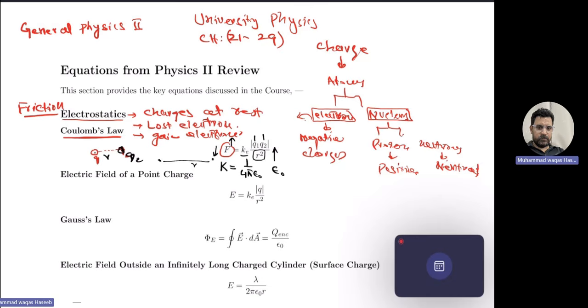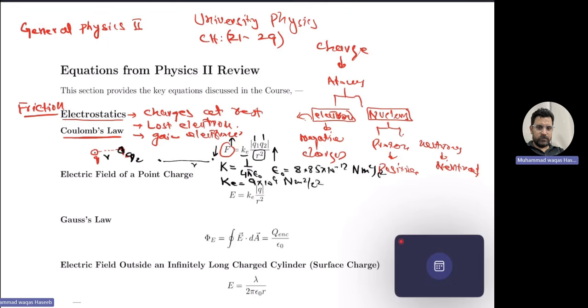Epsilon naught is the permittivity of free space, which is 8.85 times 10 to the power minus 12 Newton meter square per coulomb square. And k is 9 times 10 to the power 9 Newton meter square per coulomb square.